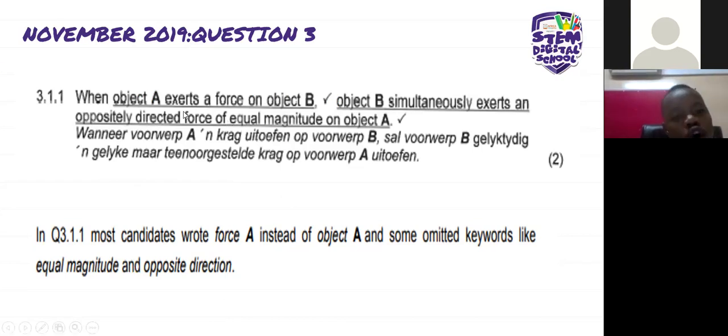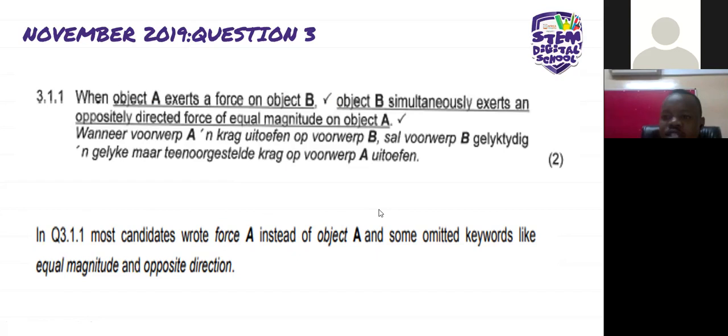Hence, we say object A exerts a force on object B. So the object is the one that is exerting the force on the other. It must be a force that object A exerts on object B.